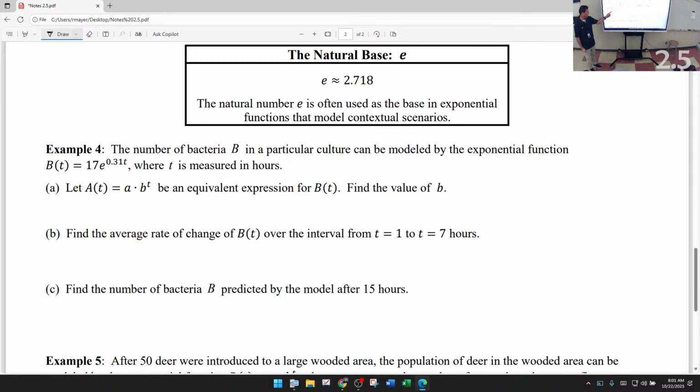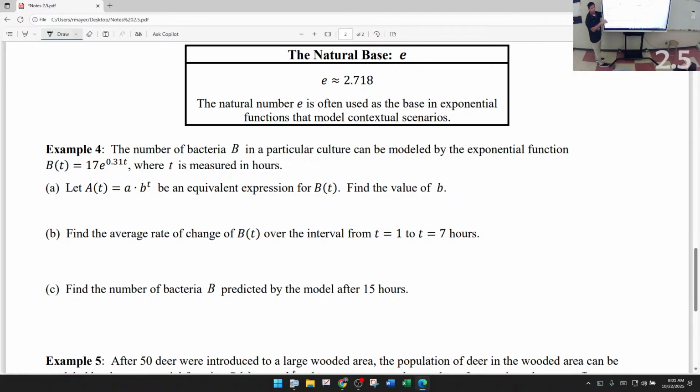Let A of t equal a times b to the t be an equivalent expression. Find the value of b. Careful. b is not 2.718.